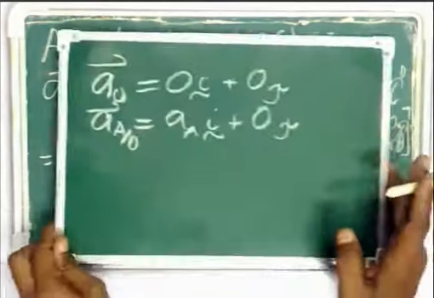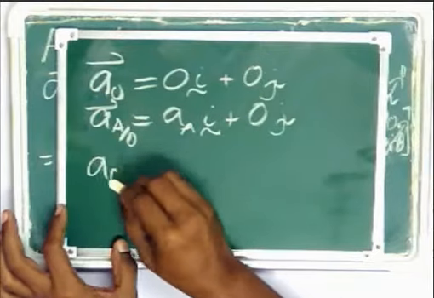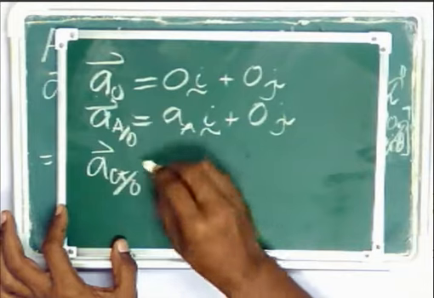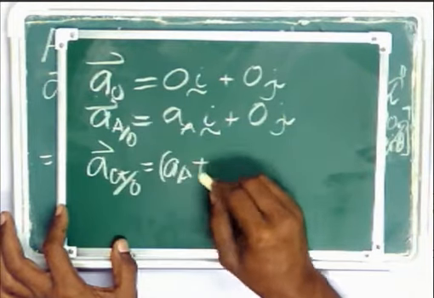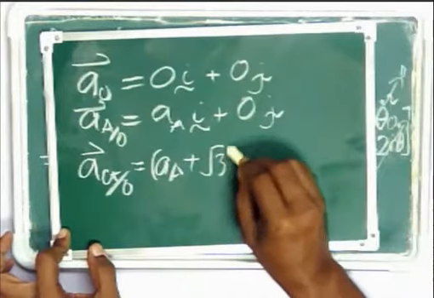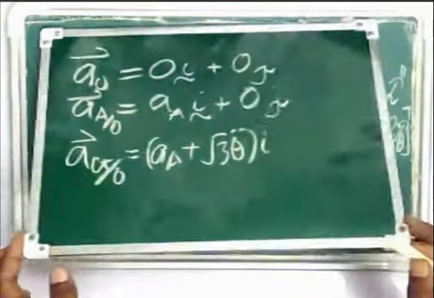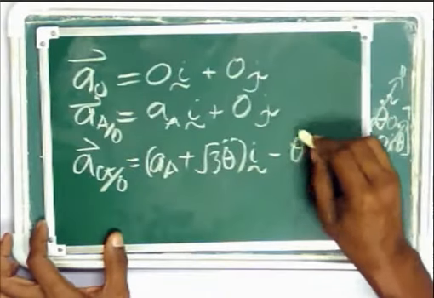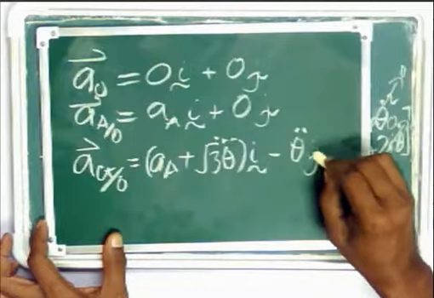So we can include that in the Cartesian notation: the absolute acceleration for G is A plus square root 3 theta double dot i minus theta double dot j.